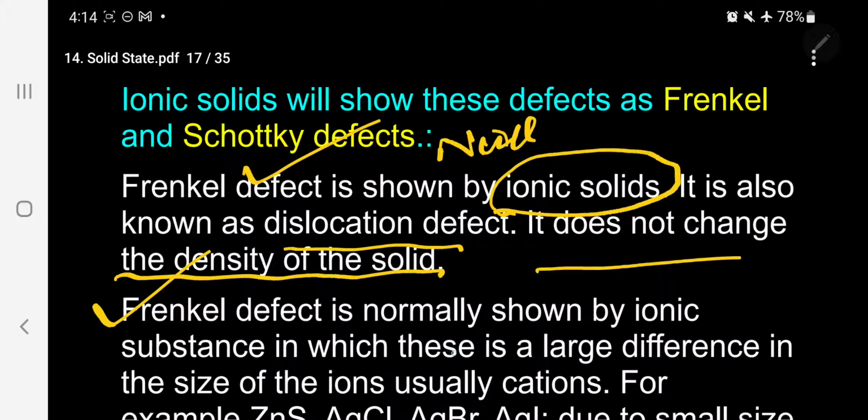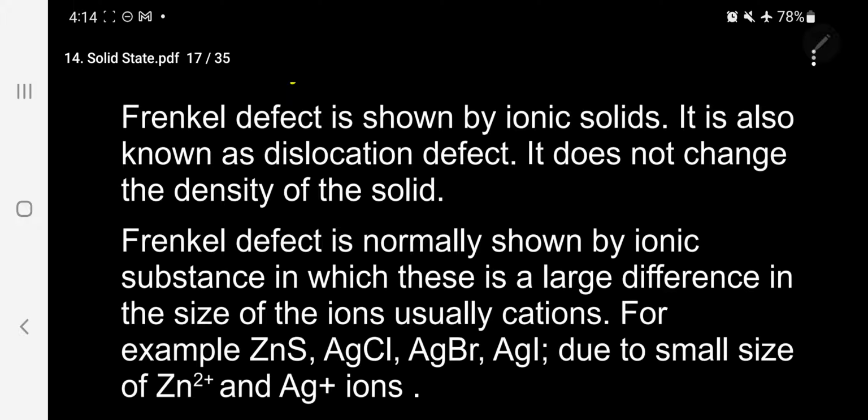This is the most important character. That means cation will always be smaller, whereas anion will always be greater. This is the condition for Frenkel defect.